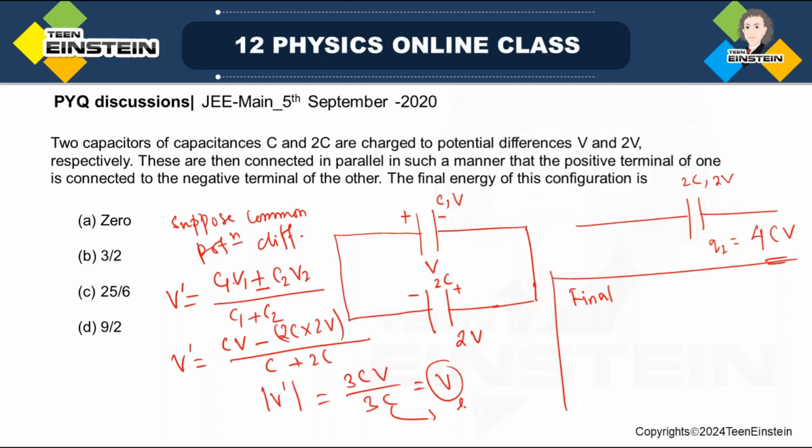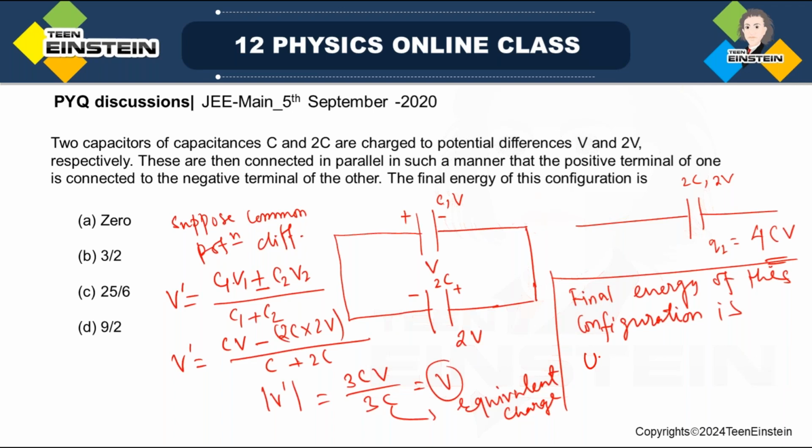So the final energy of this configuration is half CV square.